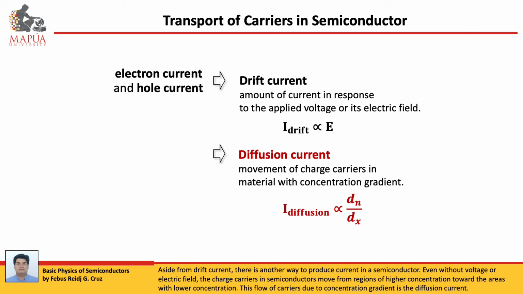Even without voltage or electric field, the charge carriers in semiconductors move from regions of higher concentration towards the areas with lower concentration. This flow of carriers due to concentration gradient is the diffusion current.